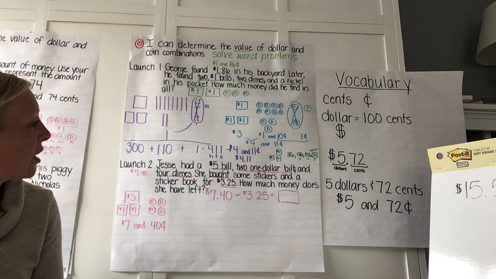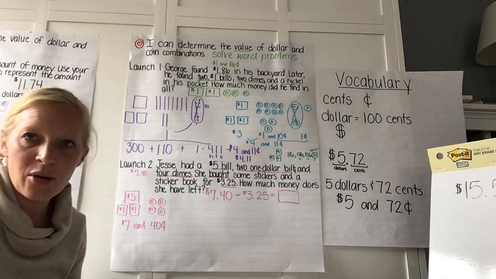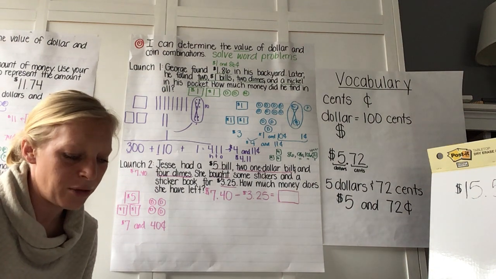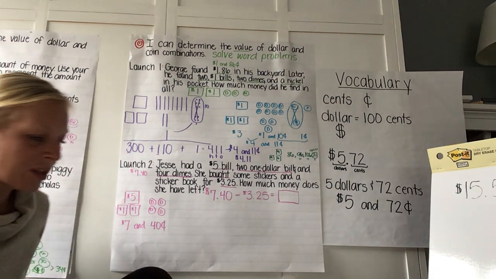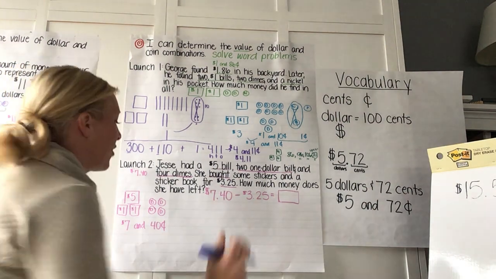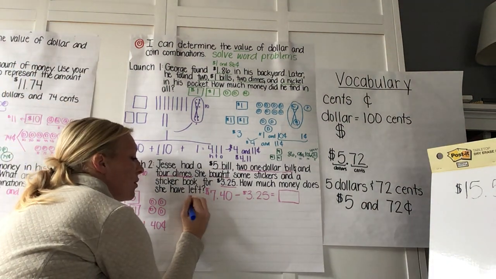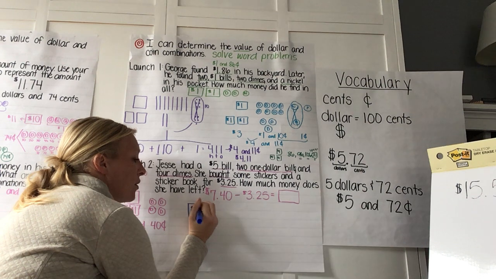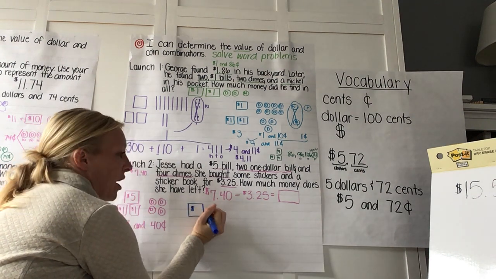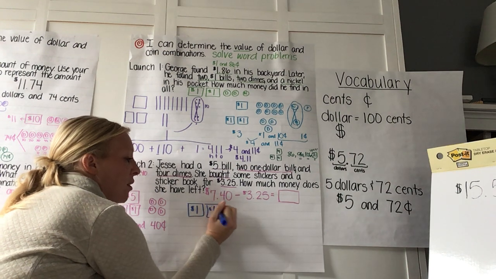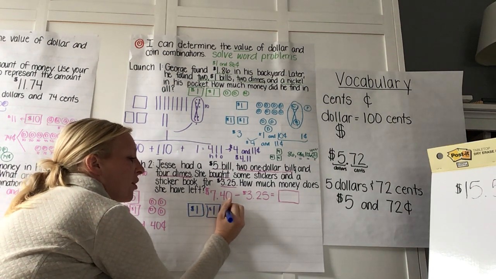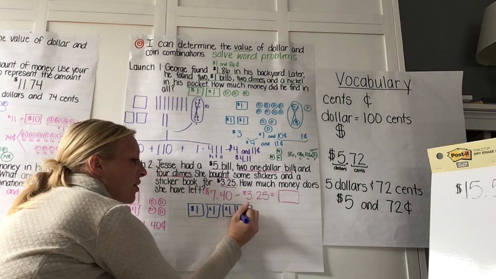Ooh, all right. Friends, go ahead and stop the video if you're still thinking, and we're going to show some different strategies, okay? All right, friend, tell me what you did first. Okay, so why did you break up your dollars into $7 bills?